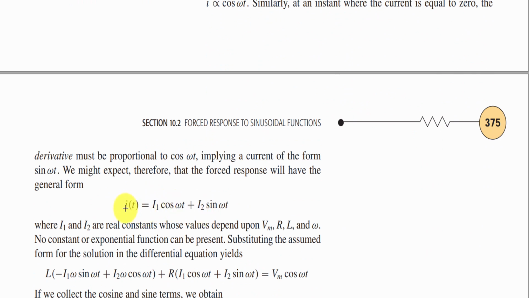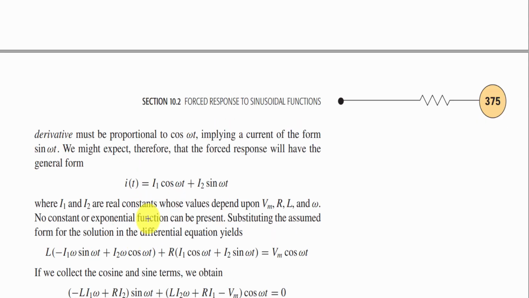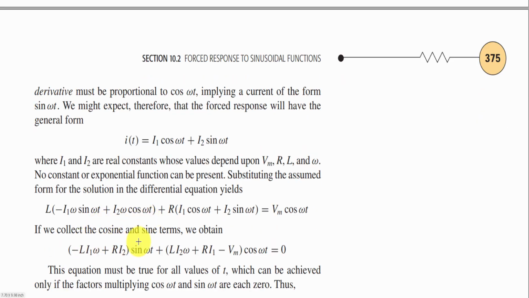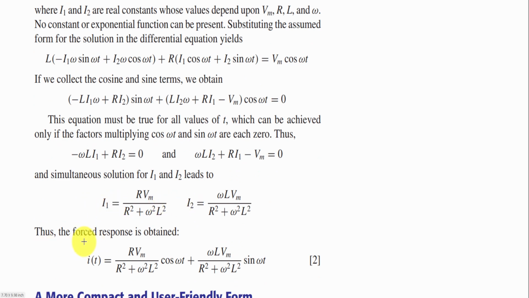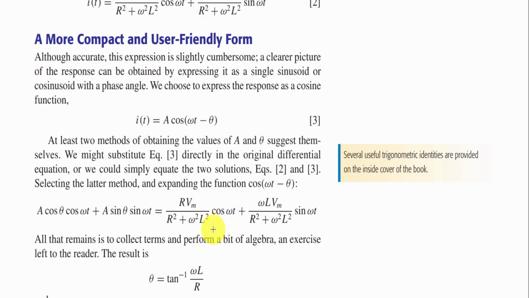Let's say we assume that the form of the solution is I1 cos omega t plus I2 sin omega t, and we put the value in just to check whether this is actually valid, collect the sine and cosine terms and then solve the equation, which you might have done in your differential equation course. You end up with I1 and I2, and the complete forced response has to be this complicated looking term.